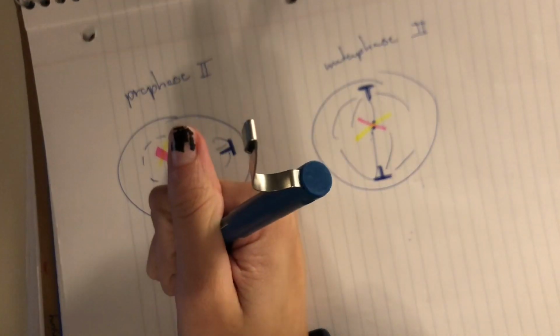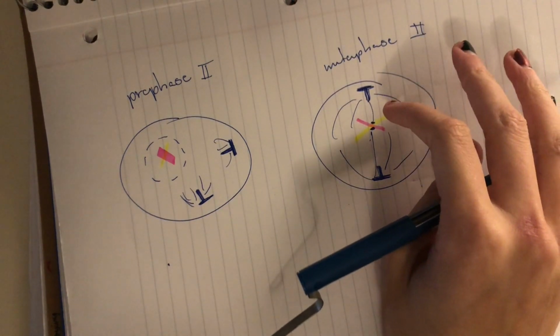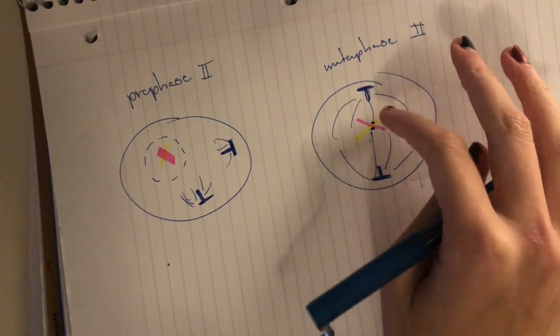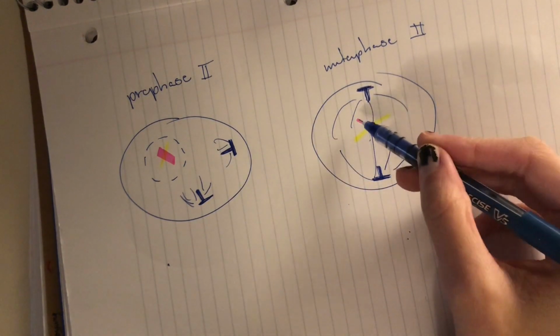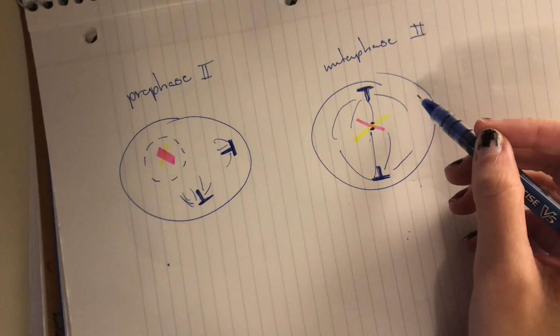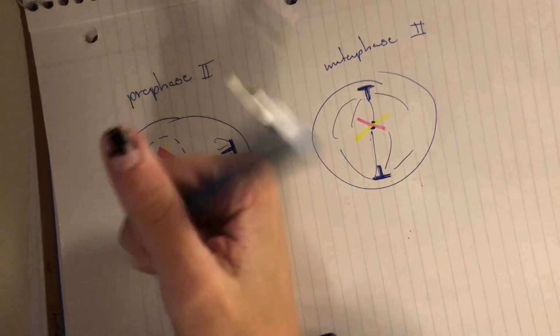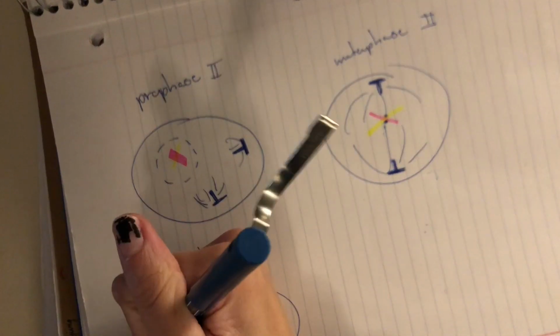And then anaphase 2. However, it's important to note that these two sister chromatids, as you can see through the color, unlike mitosis, are not genetically identical because of the crossing over that happened. So during anaphase 2, we extend the spindle.